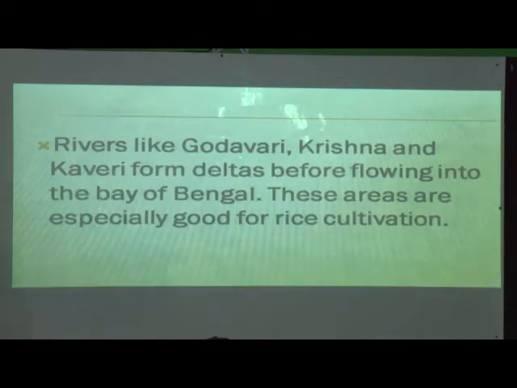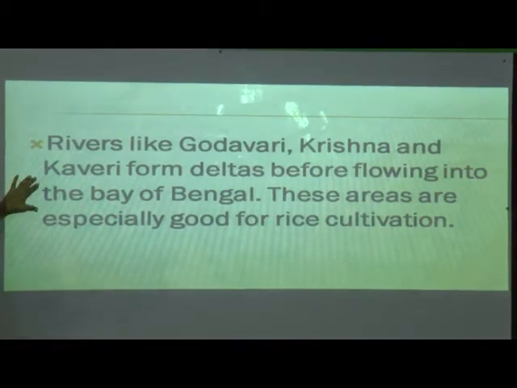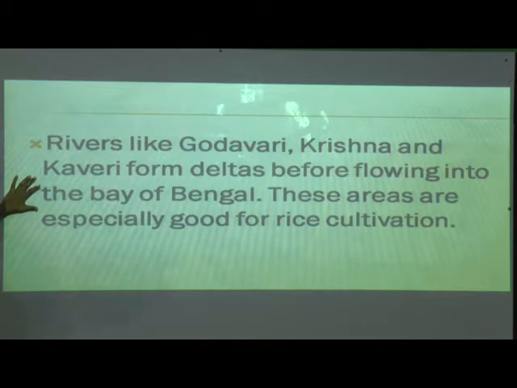Which are the rivers? Rivers like Godavari, Krishna and Kaveri form deltas before flowing into the Bay of Bengal. These rivers form deltas before finally mixing in the Bay of Bengal. These areas are especially used for cultivation of rice.